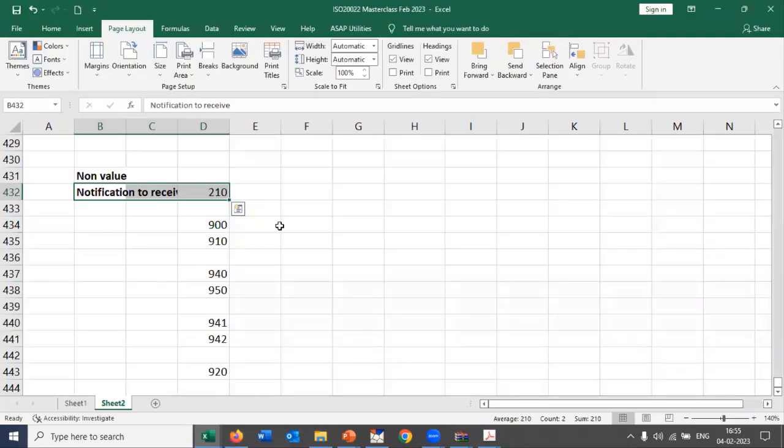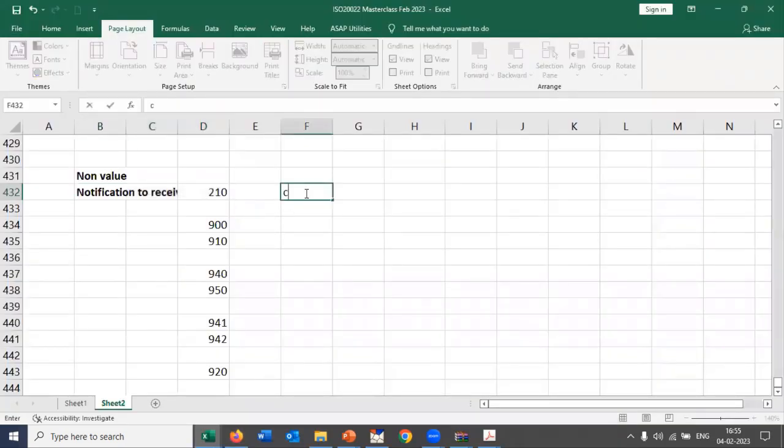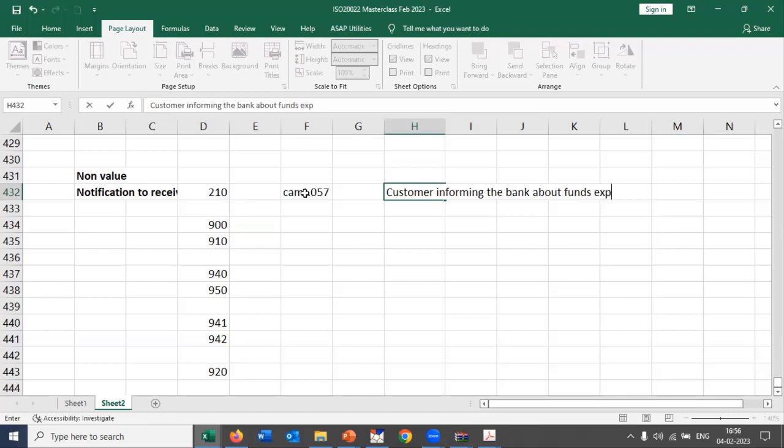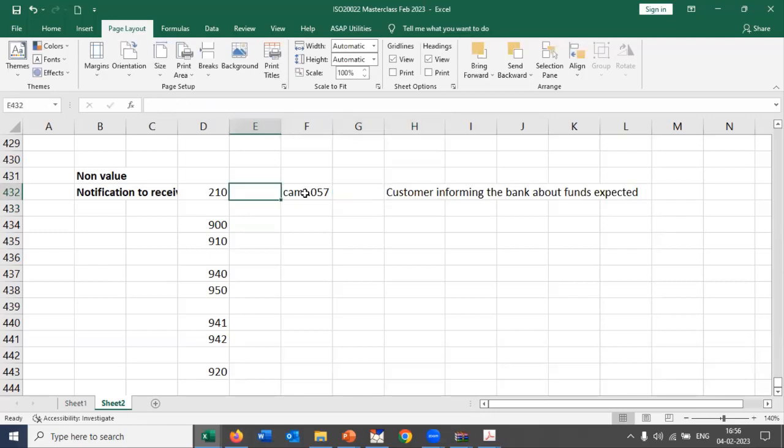To repeat, customer telling the bank about funds expected in the customer's account. So we are giving this in advance, that I tell my bank today that tomorrow I'm expecting $10,000 in my account. So funds expected is the information which is given. Here it is only moving the information.